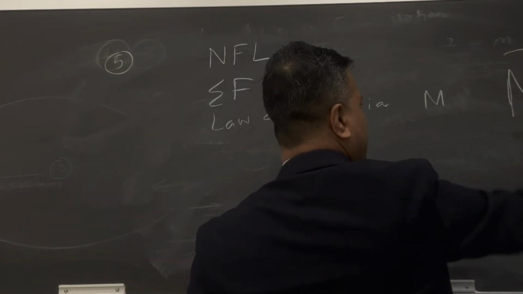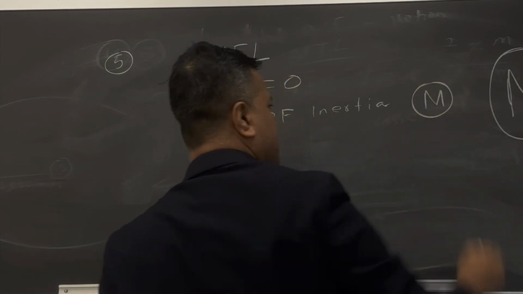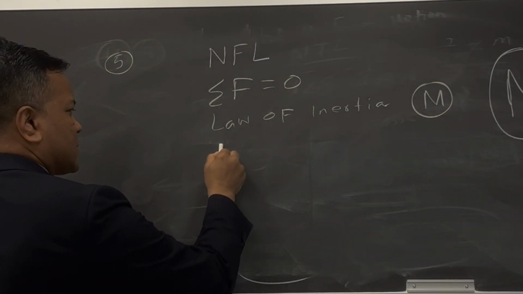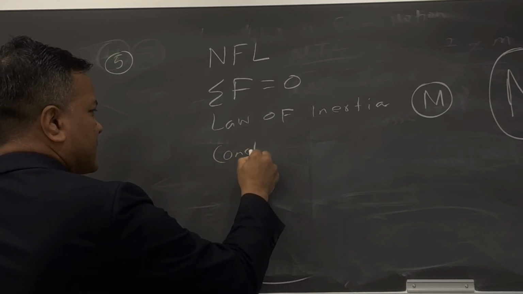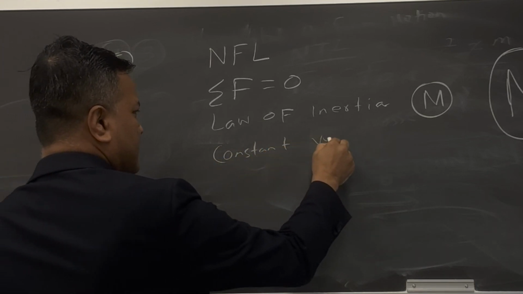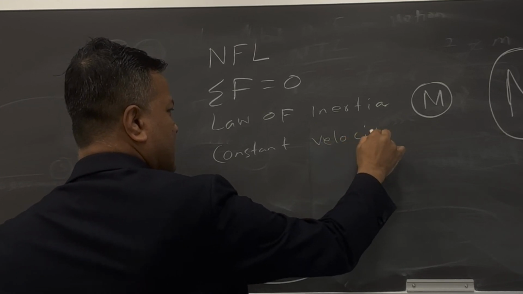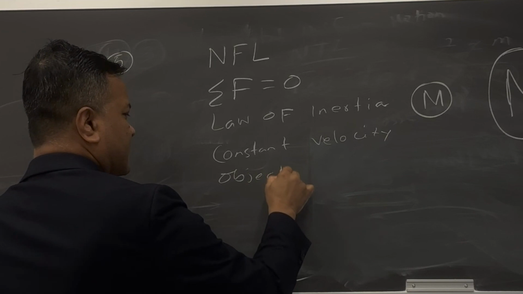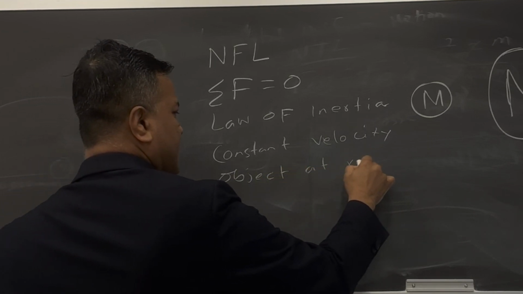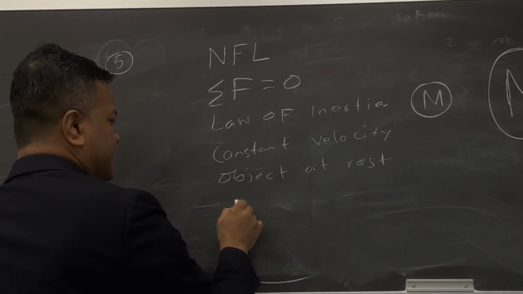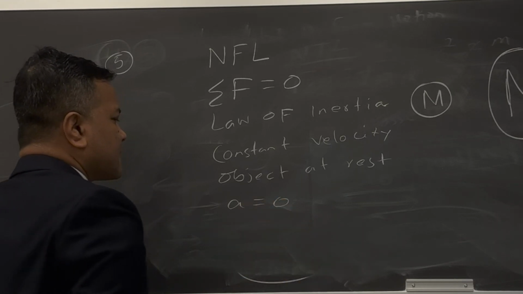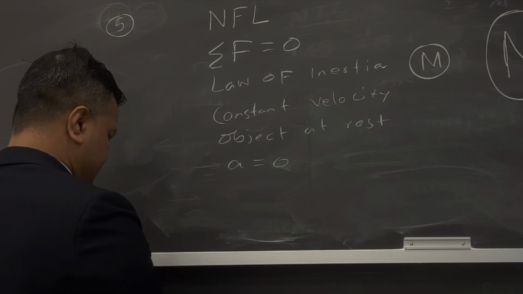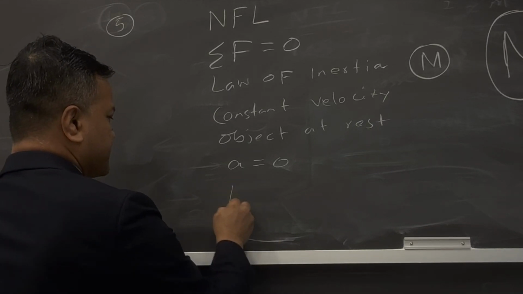More inertia over here than over here. Newton's first law is also called constant velocity, also called when an object is at rest, also called when acceleration is zero, and also known as equilibrium.